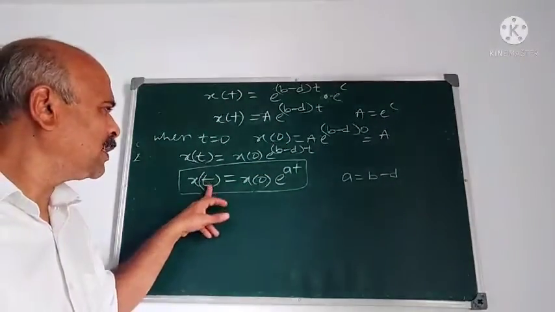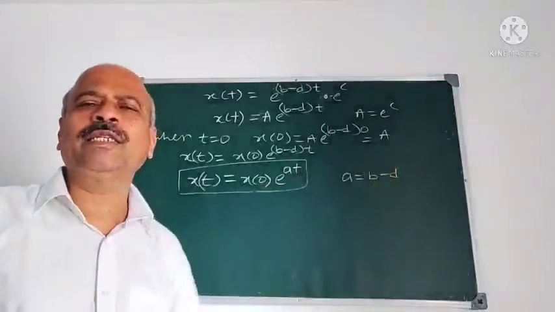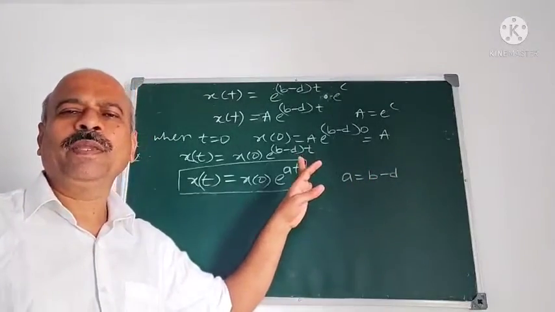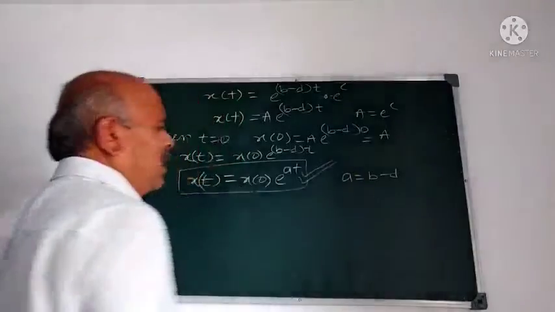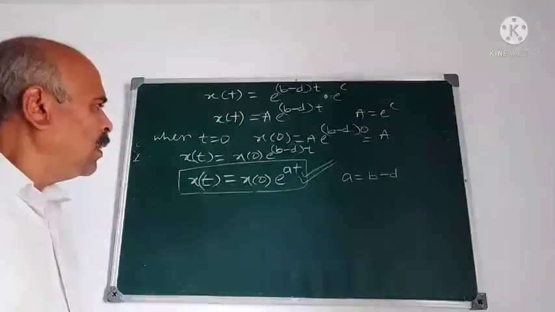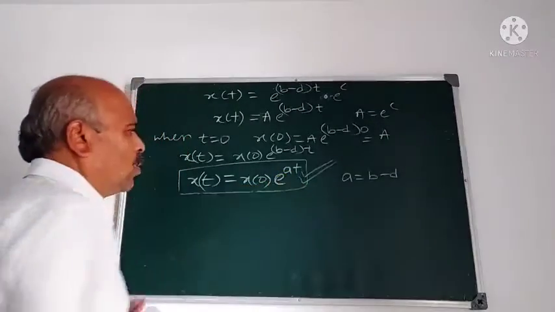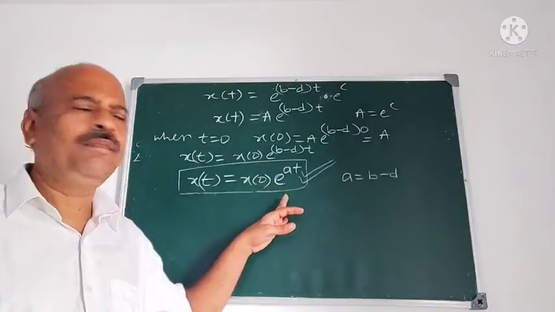How to get that? x(t) is x0 e raised to at, where a is birth rate minus death rate. Birth rate and death rates are required. Then you can calculate the population size of any town or a country. This population growth or decay model is called the population growth model.